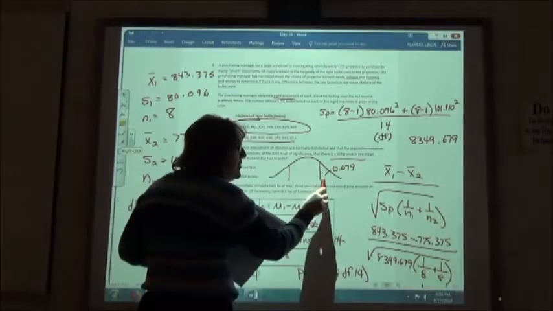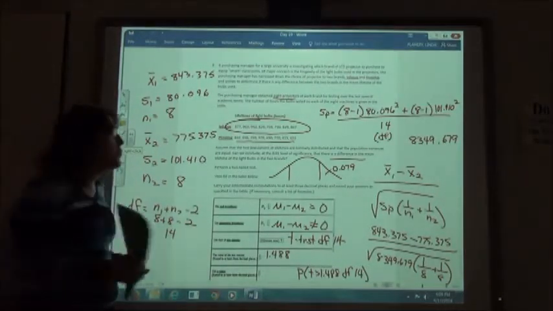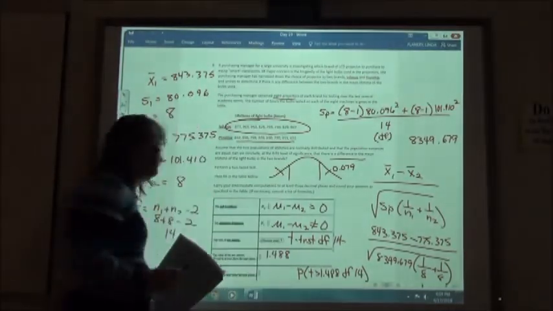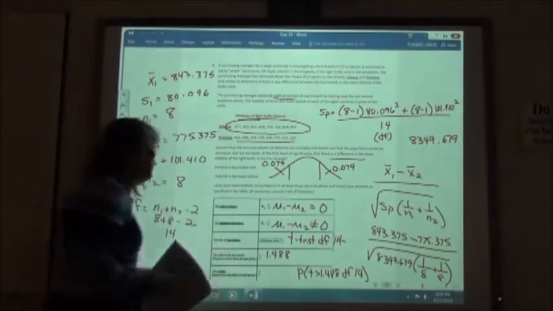Now that's the percent that's in this section. We're doing a two-tailed test, so that means the percent that's in this other section is also 0.079.